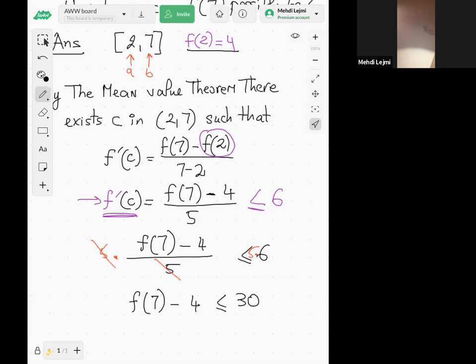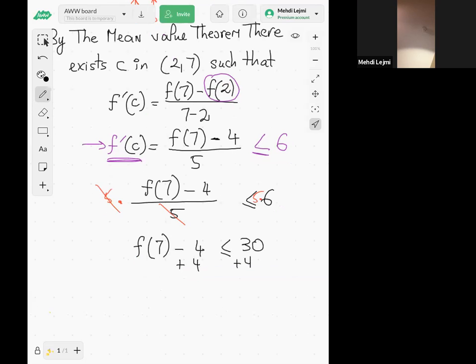And so plus 4 on both sides. So then your f of 7 is less than or equal to 34. So the upper bound for f of 7 would be 34.